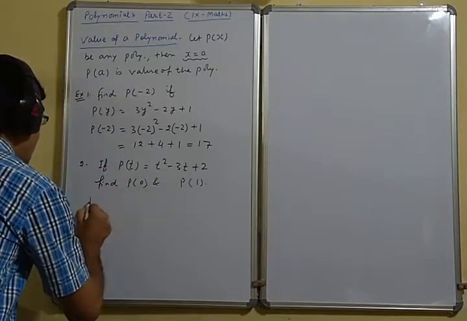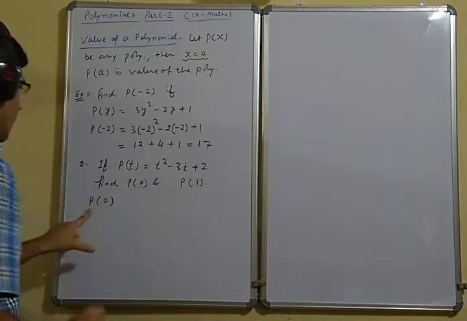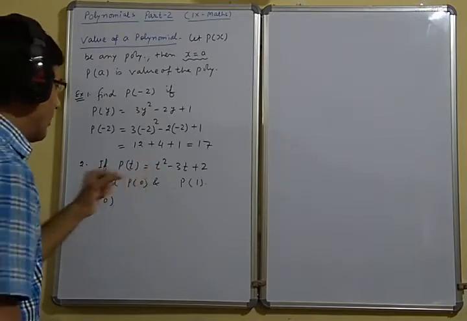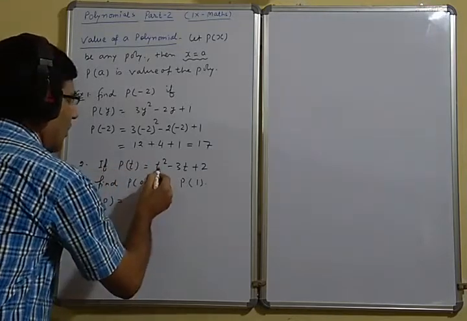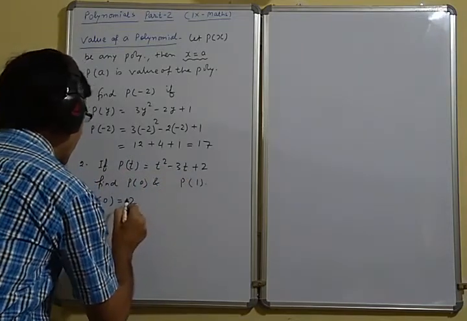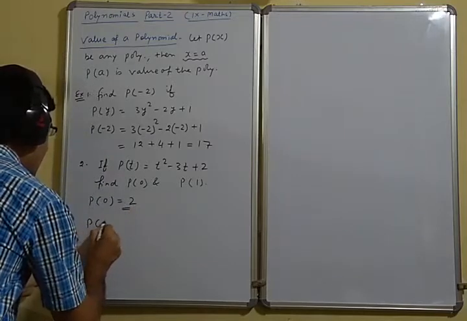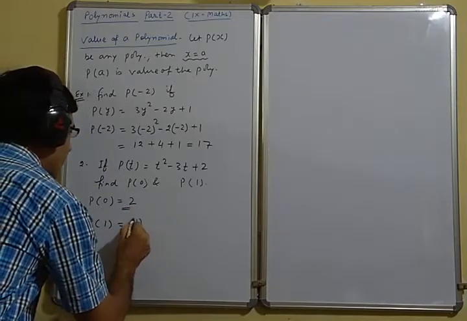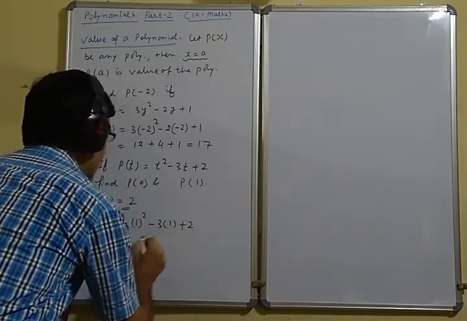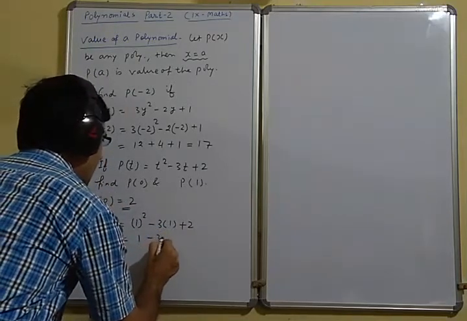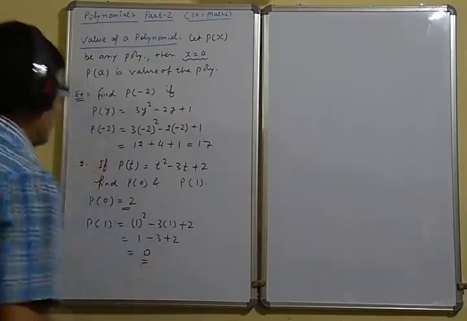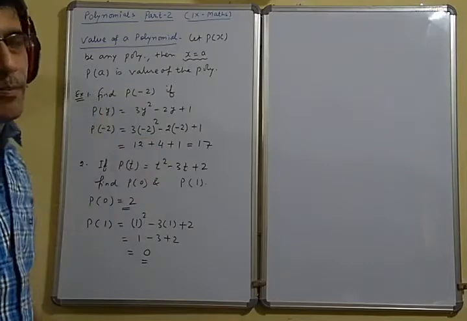P(0) means the value of t is equal to 0, so substitute t equal to 0. It becomes 0 minus 3 into 0 plus 2, so that is 2. Similarly, P(1) becomes 1 squared minus 3 into 1 plus 2. So that is 1 minus 3 plus 2, and 3 minus 3 is equal to 0. So these are the values of the polynomial.